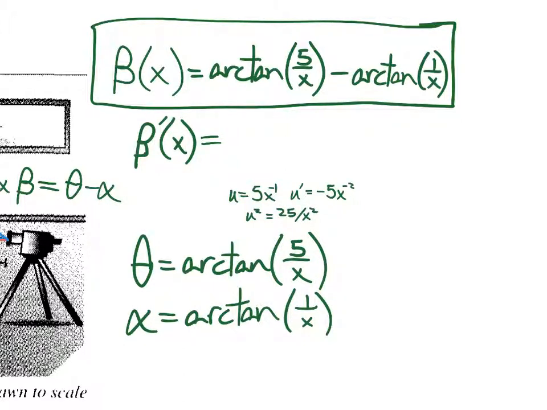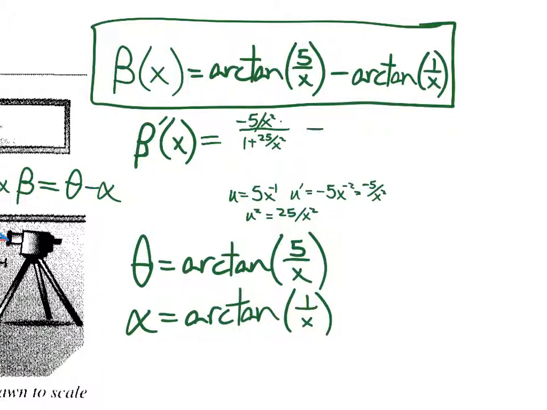So this is negative 5 over x squared, so we actually have negative 5 over x squared over 1 plus 25 over x squared. Okay, and I'm going to simplify that in a minute after I get my other part.